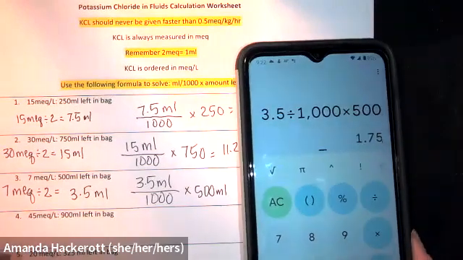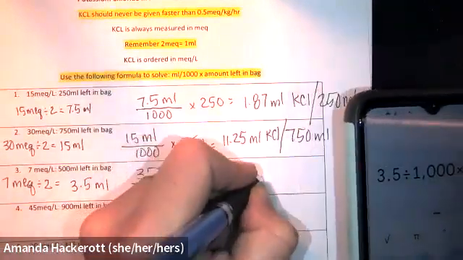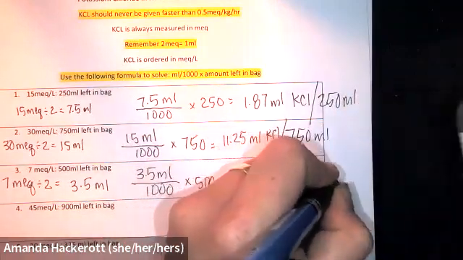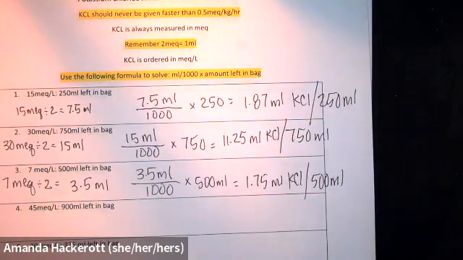And in this case, 1.75 mLs of KCl added to the 500 ml bag. And that is your potassium chloride calculations.